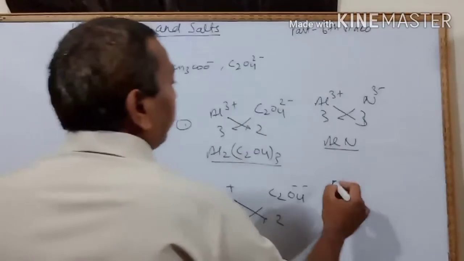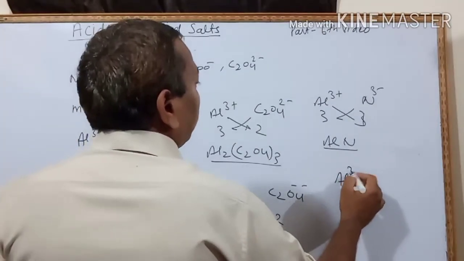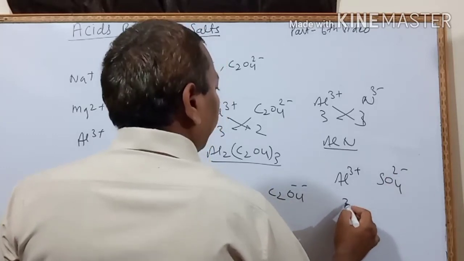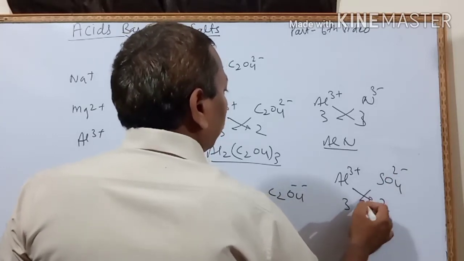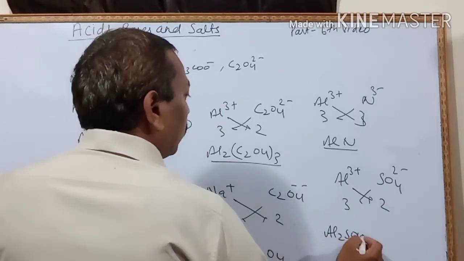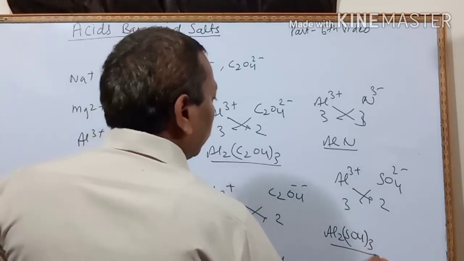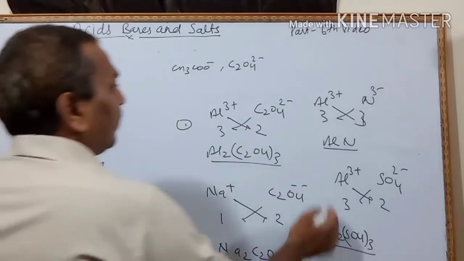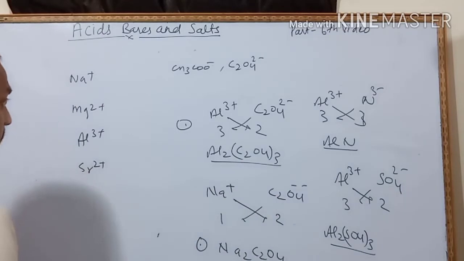Now take sulfate: aluminum plus 3, sulfate 2 negative, valency 3 and 2. So the salt formed has the formula Al2(SO4)3, aluminum sulfate. So children, aluminum oxalate and aluminum sulfate are salts.